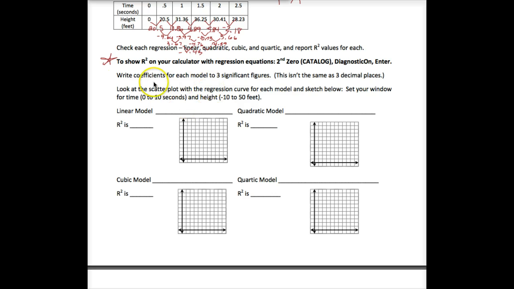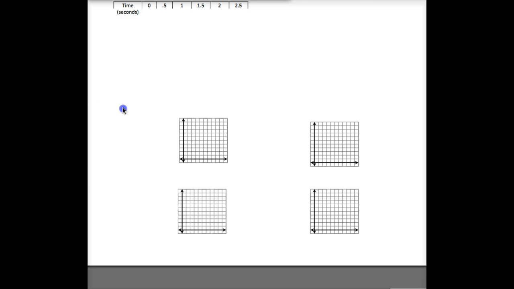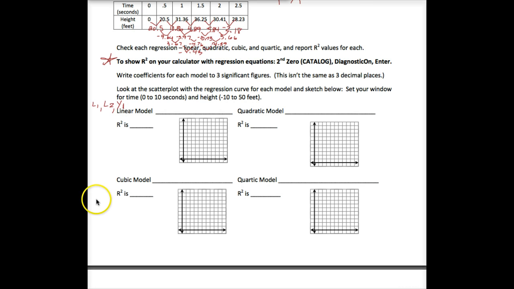So we are going to do the linear model first, so that means we are going to press Stat, Calc, and we're going to choose choice 4, linear regression. Now, if you have the older model, you're going to be typing in L1, comma, L2, comma, don't forget to do the Y1. We want to paste the linear model in there so that we can look at it. If you have the newer model, then you scroll down to where it says store regression equation, and you put in your Y1.